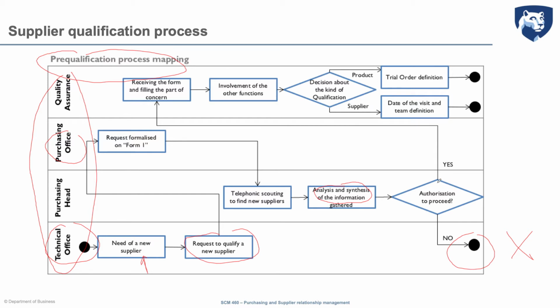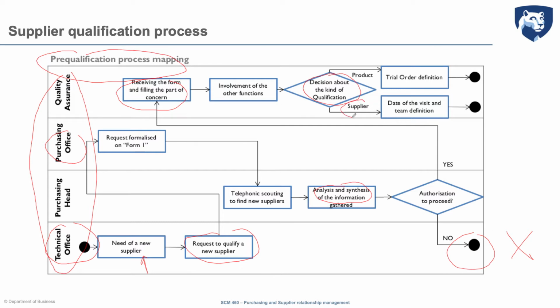If yes, there is a fourth actor that arises, which is quality assurance, so the quality department. The quality assurance receives the information gathered by the purchasing head, coordinates with other functions, and decides about the kind of qualification the supplier should have.